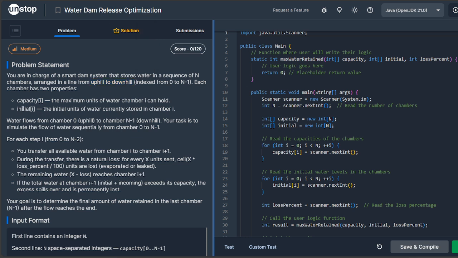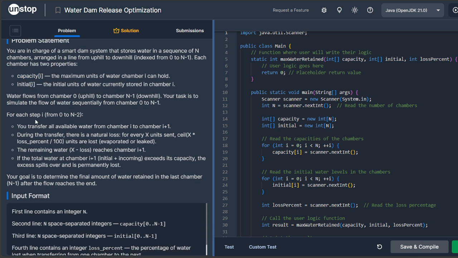And for every chamber, there is a capacity and an initial amount of water. For each step, you need to transfer all available water from chamber i to i plus 1, that means from the current chamber to the next chamber.